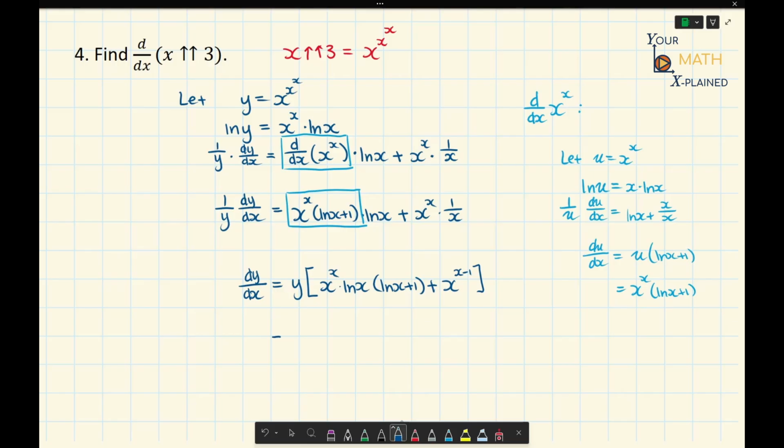And again, the last step is substituting the expression back into y, which means we end up with x to the power of x multiplied by x to the power of x ln of x times ln of x plus 1, and then plus x to the power of x minus 1. And this would be our final answer.